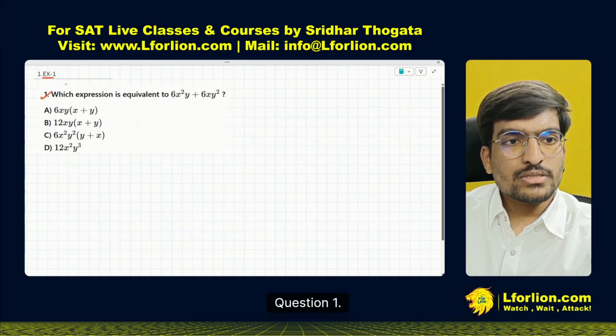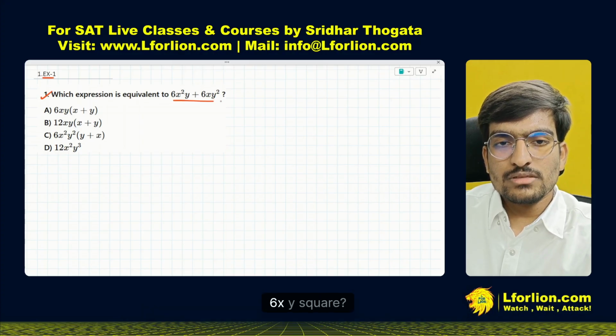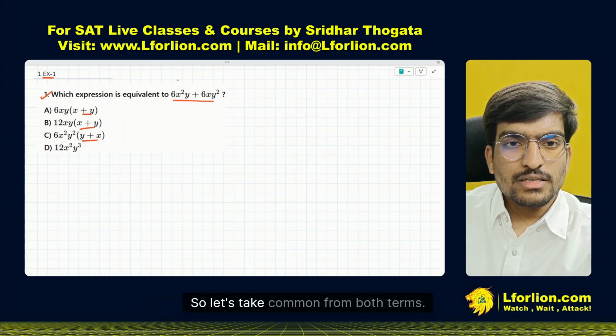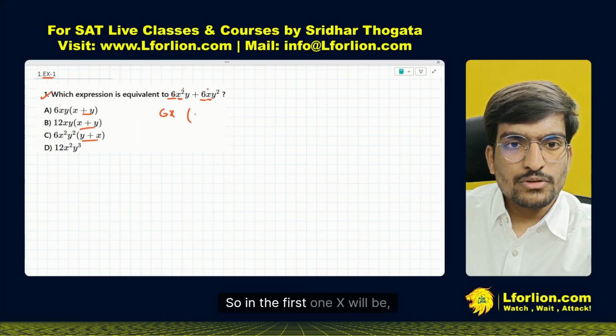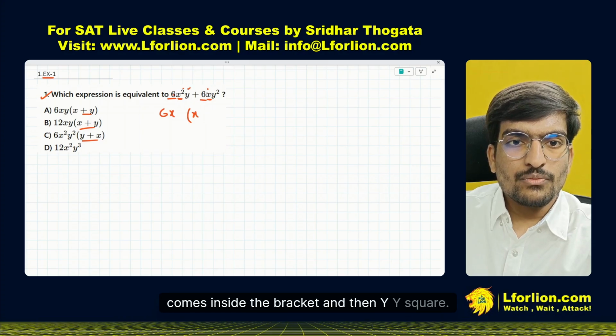Exercise 1, question 1. Which expression is equivalent to 6x square y plus 6xy square? You see here they definitely took something in common. So let's take common from both terms. 6 and 6, and then here x square is there, here x is there, so we only have to take x common. In the first, 1x will be inside the bracket, and then y.